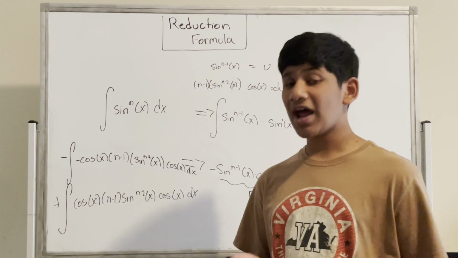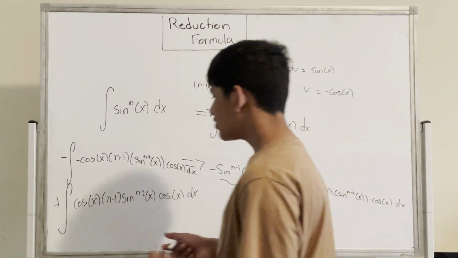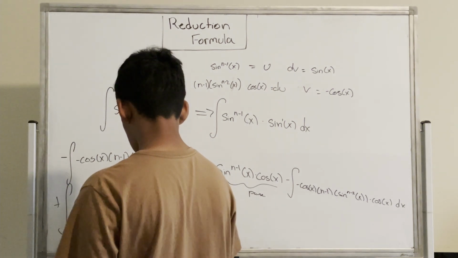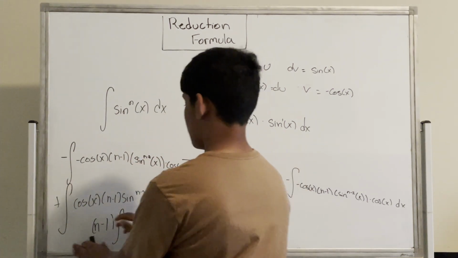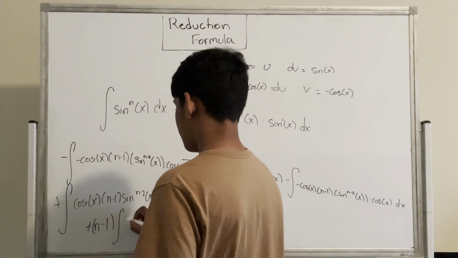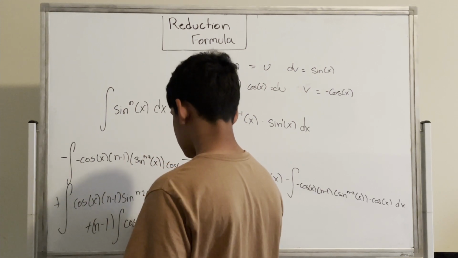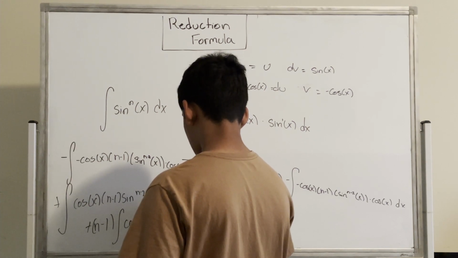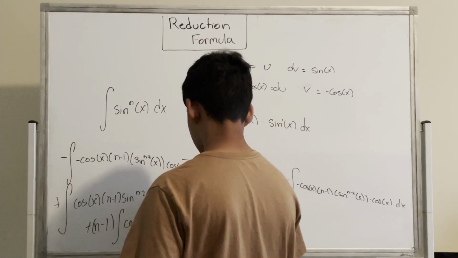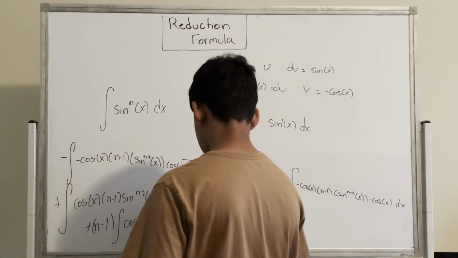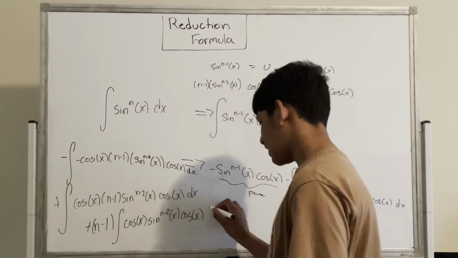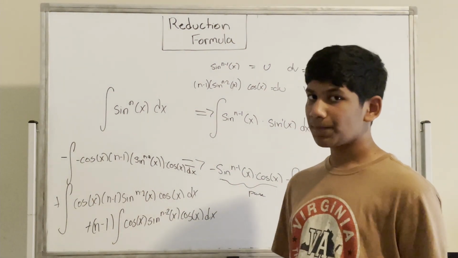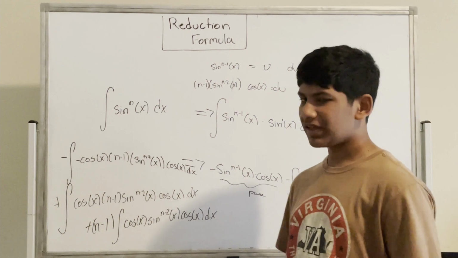Can't we factor that out? And indeed, we can. So therefore, we just have n minus 1 times the integral, and this is also plus. Then we have cosine of x times sine n minus 2 of x times cosine of x dx.